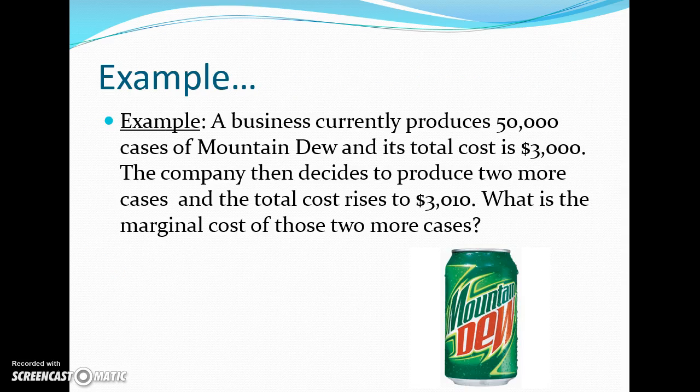For example, a business currently produces 50,000 cases of Mountain Dew, and its total cost is $3,000. The company then decides to produce 2 more cases, and the total cost rises to $3,010. What is the additional cost of these 2 more cases?